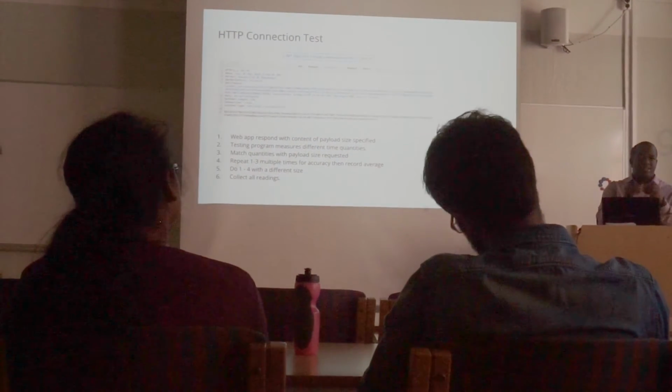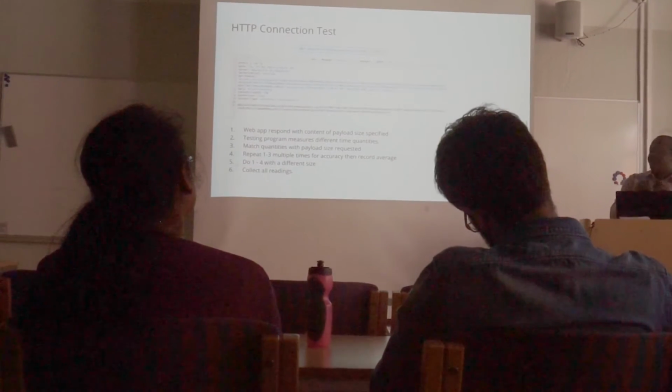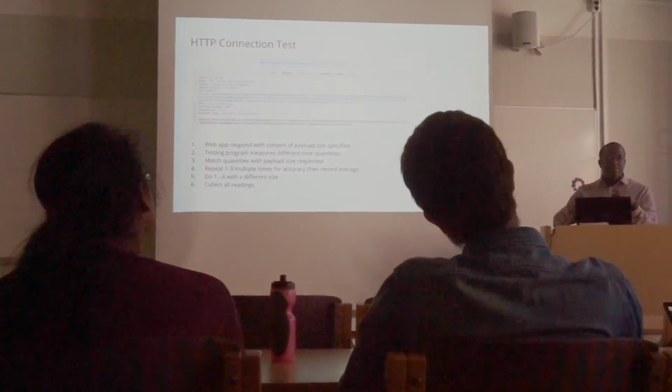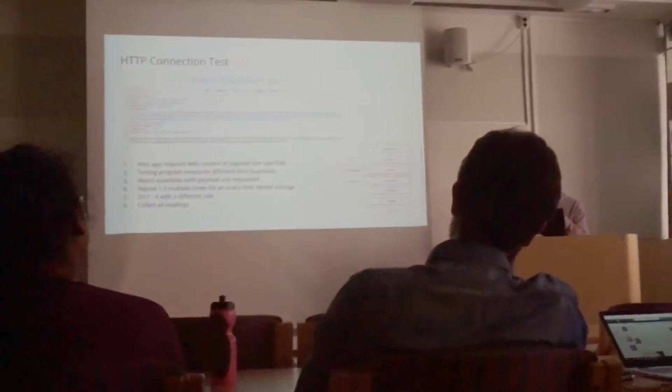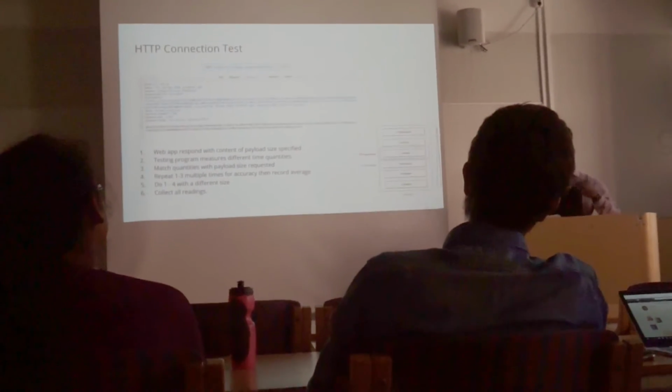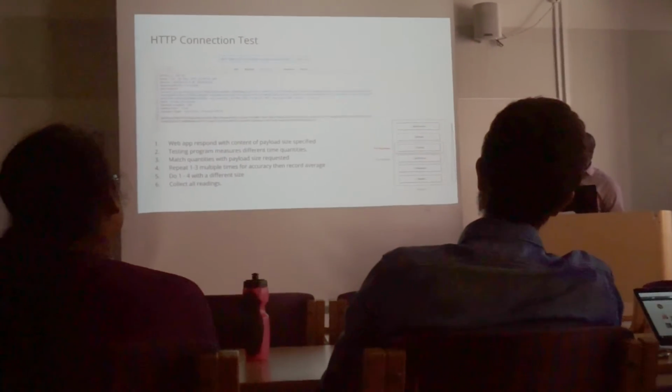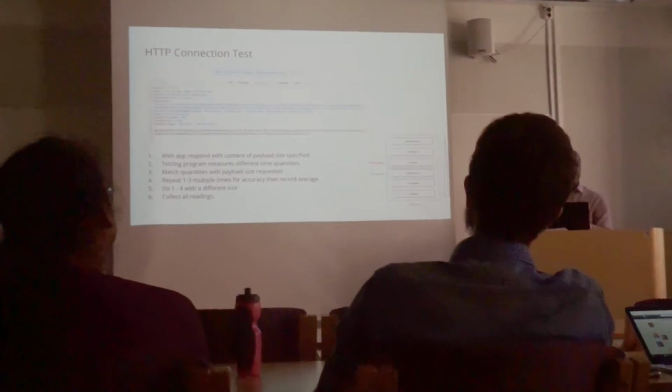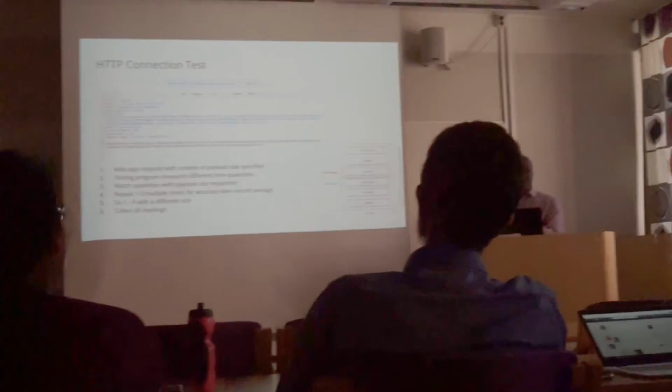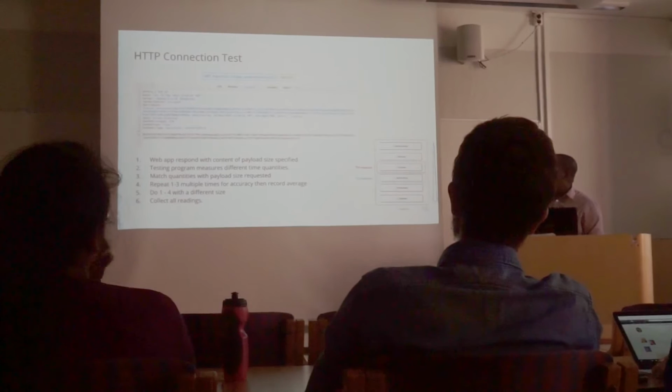With that payload size specified, I repeated the test about 1,000 times so that I remove the noisy data and get the actual values. Then I move to the next payload size, like 20, and so on.